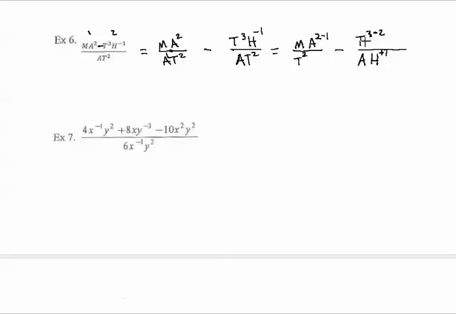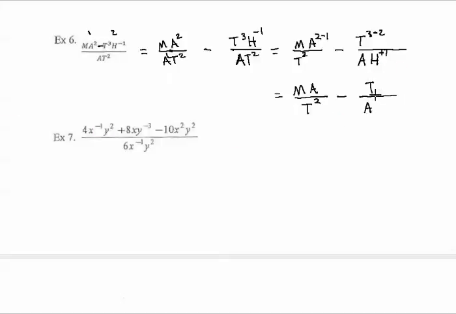All we have to do now is carry out the math within the exponents. 2 minus 1 just gives me an a to the first power. Everything else within that fraction is okay. For the t, we have 3 minus 2, which is 1, and we really didn't have to write that 1, so I'll leave it off.